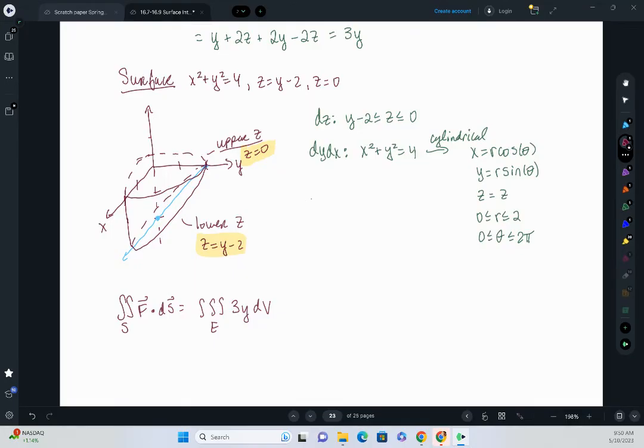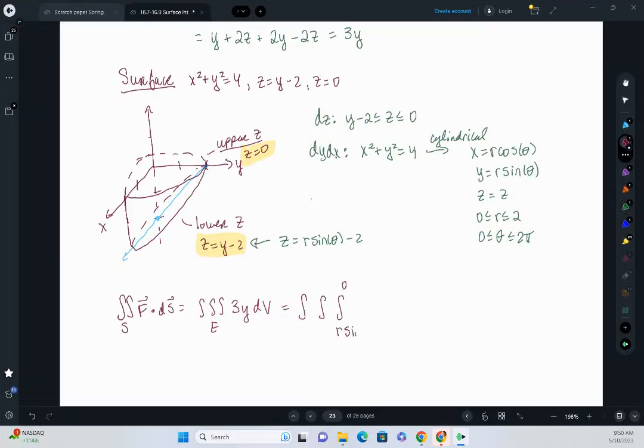And it looks like we should have the most inner one be z equals y minus 2 up to 0, except we can't let that stay y minus 2. This is z equals r sine of theta minus 2. Okay? Just because we're switching to cylindrical.